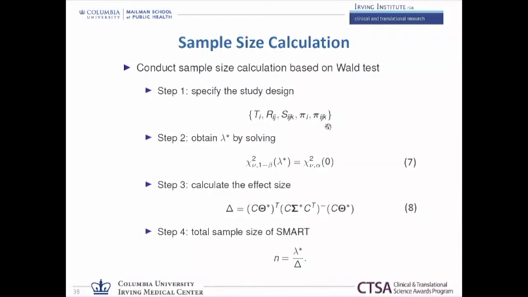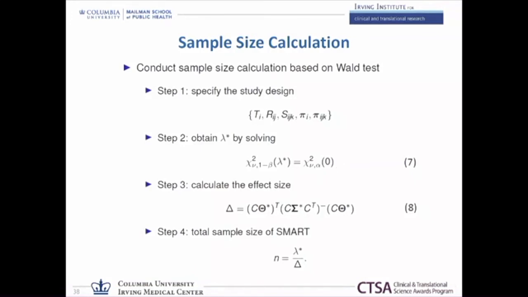Once we finalize the design structure, we need to obtain lambda star, which is the non-centrality parameter, under the alternative hypothesis in step 2. To obtain the value of lambda star, we need to solve the equation of 7. To do this, we need to pre-specify the target type 1 error rate alpha and the target power 1 minus beta.